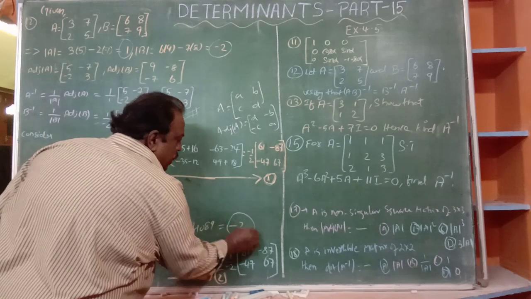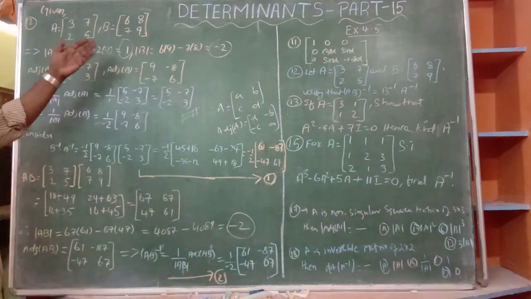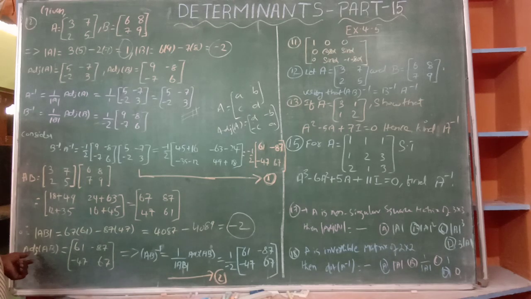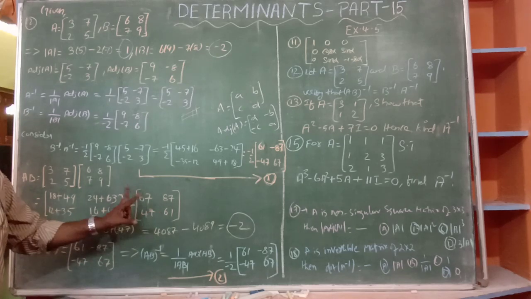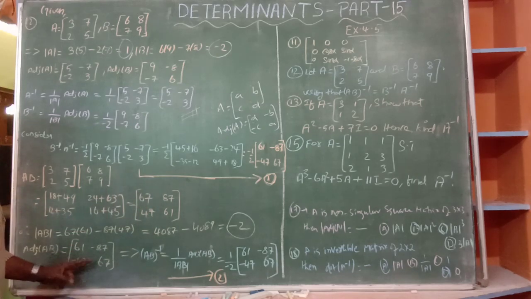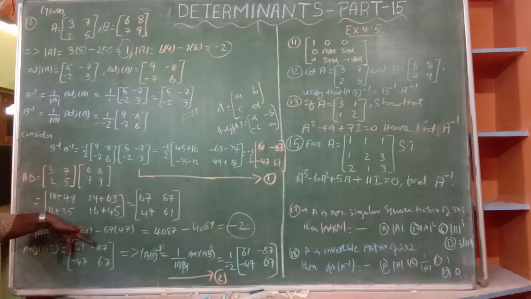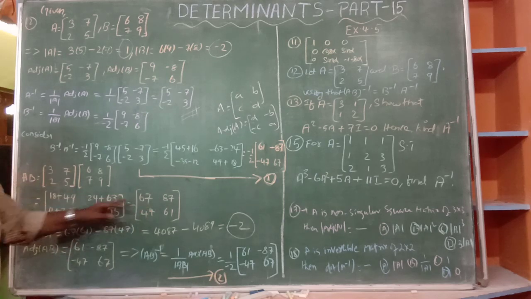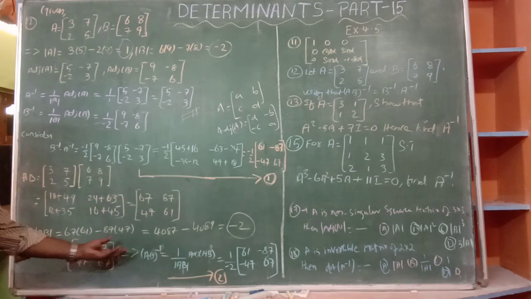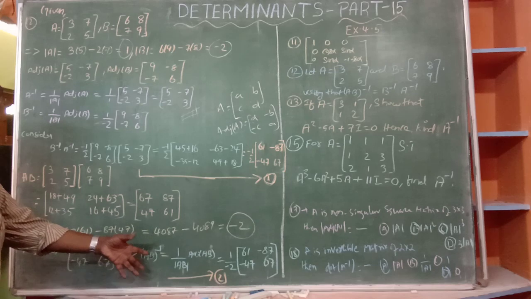That is the determinant of the product of A and B. Now, adjoint of AB: we interchange the elements in the first diagonal and take the negative of the elements of the second diagonal.